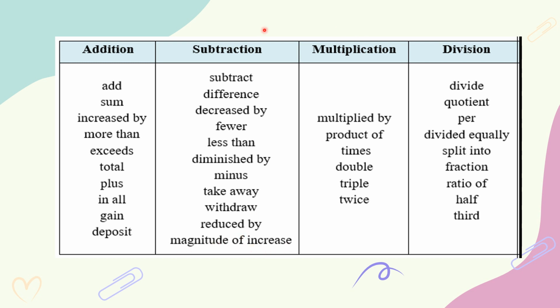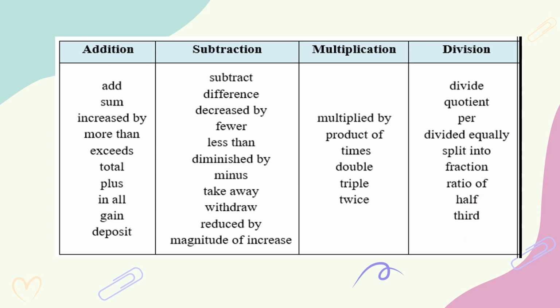In multiplication, we have multiplied by, product of, times, double, which means times 2, treble, which means times 3, twice, which means times 2.